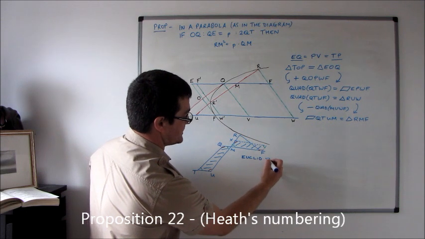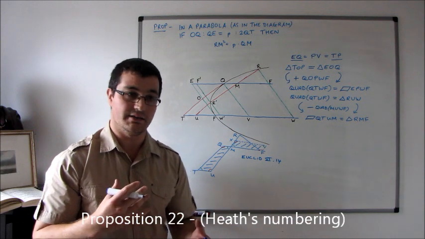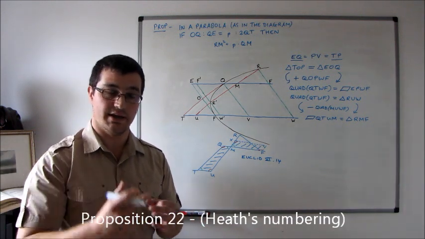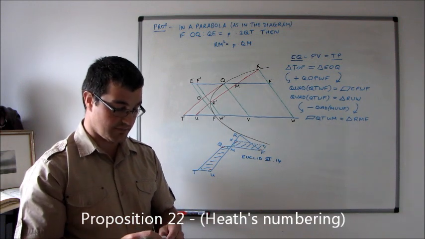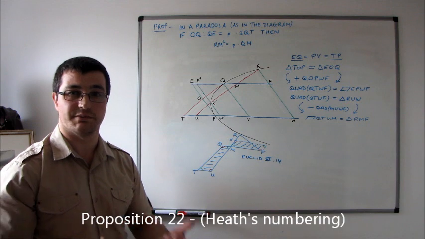Euclid Book 6, Proposition 14, says that in equiangular parallelograms that have equal areas, their sides are going to be related. They're going to be inversely proportional.